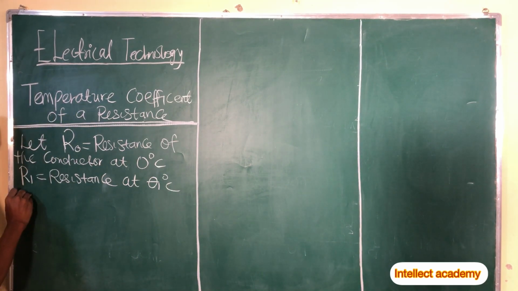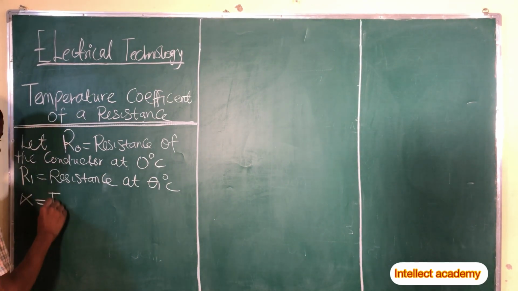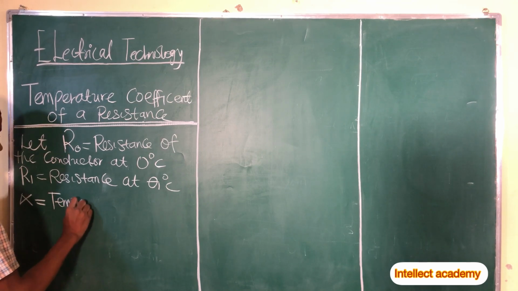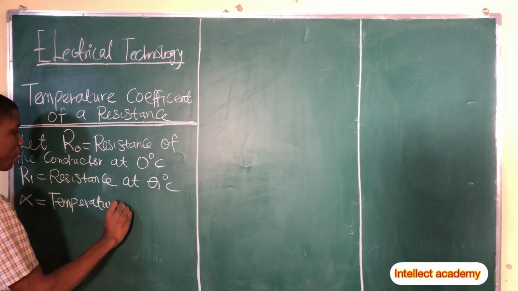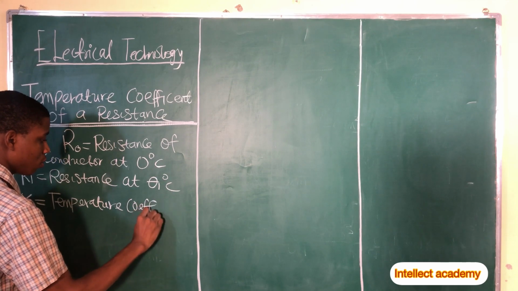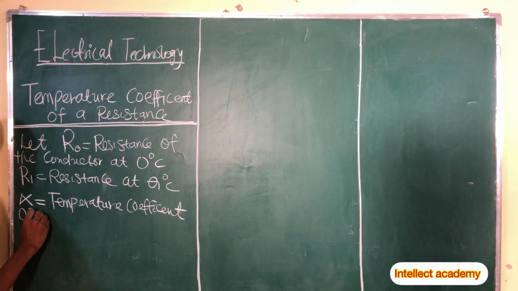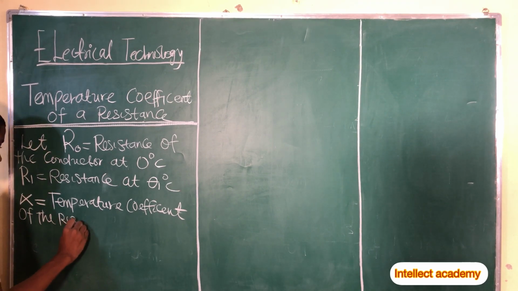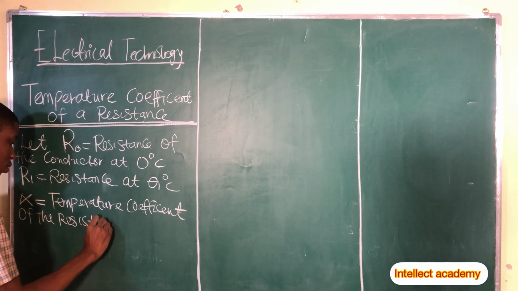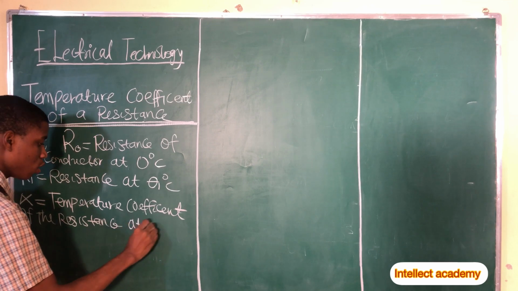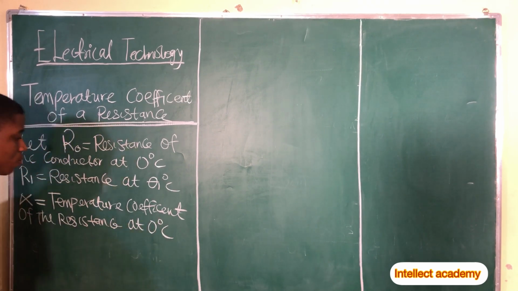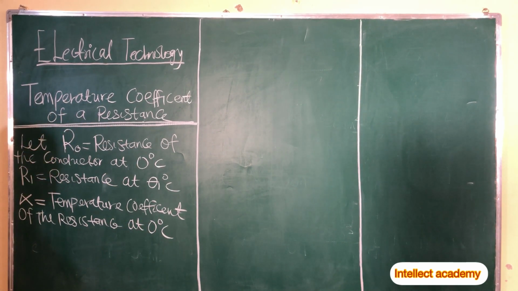Now, let alpha be the temperature coefficient of the resistance at 0 degrees Celsius.